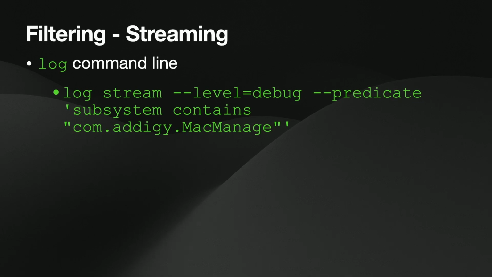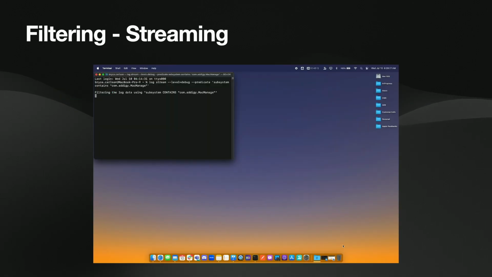If you want to do that with the command line tool, you'd say stream like we were talking about. I'm going to specify I want to see debug level, and here I'm looking for com.attg.macmanage. And this example, this is where I get into what I was talking about with that layering of windows when I'm on a call with a customer, because I want to be able to see multiple things at any given moment.